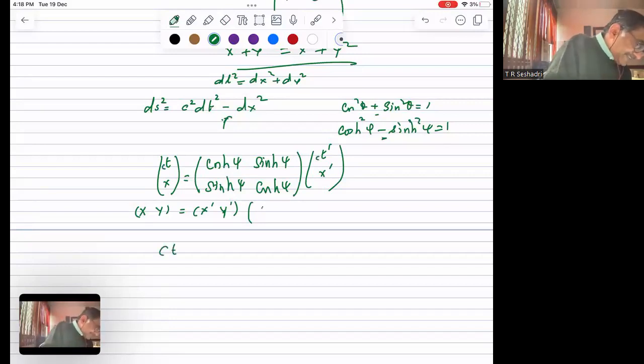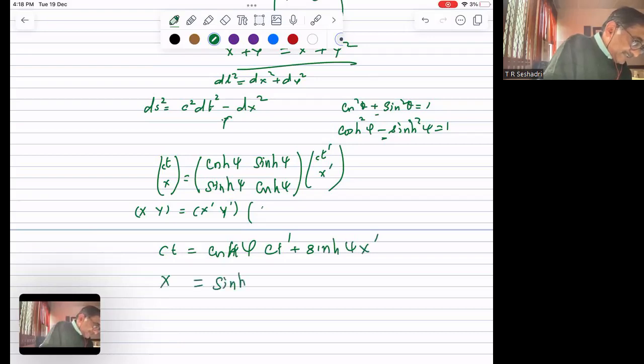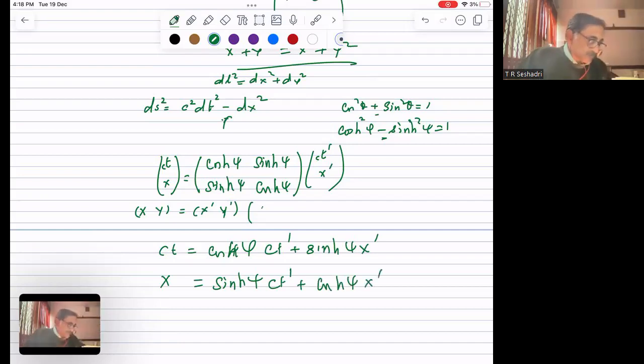So I have ct equal to cos hyperbolic psi ct prime plus sin hyperbolic psi x prime, and then x equal to sin hyperbolic psi ct prime plus cos hyperbolic psi x prime. So this is what we have.